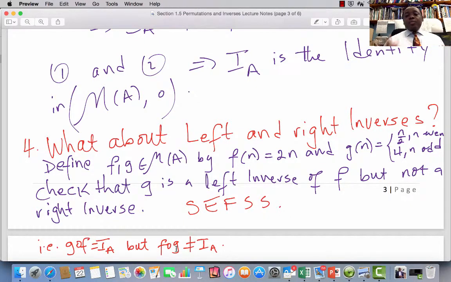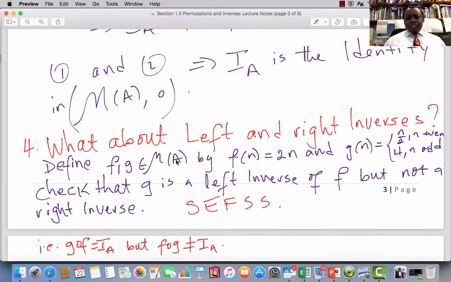But if we compose g to the right, we would discover that f composed with g is different from I_A. So g is the left inverse of f, but g is not a right inverse of f. In other words, f does not have an inverse. It has a left inverse, but does not have a right inverse. And by the way, for this example, our non-empty set A is the set of integers.